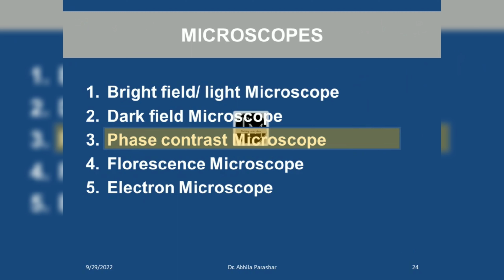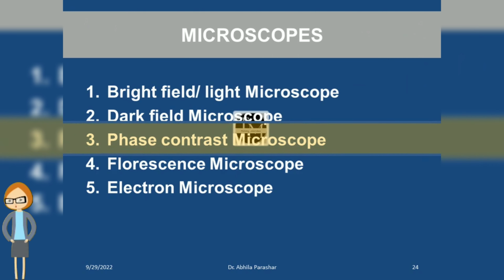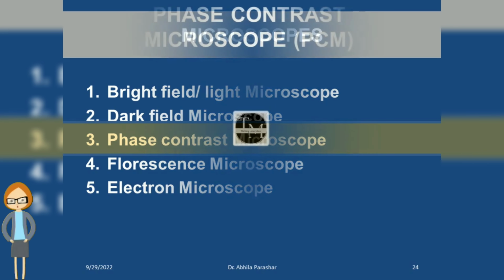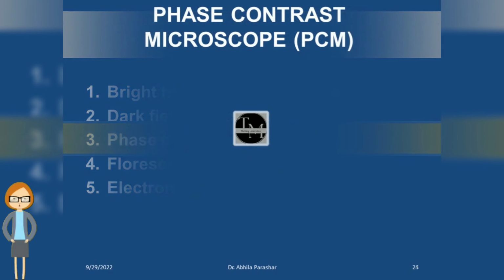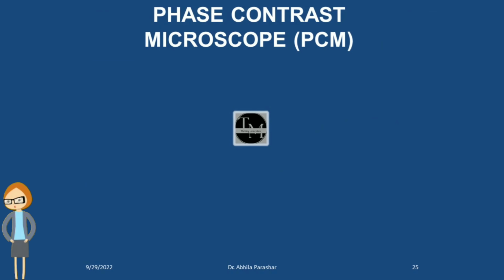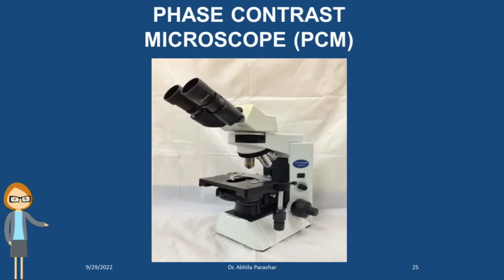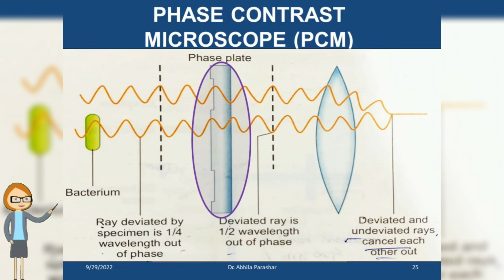As the name suggests, the phase is changing. Let's see why. In the phase contrast microscope, there is a phase ring. Here you can see in the picture the phase plate or phase ring.